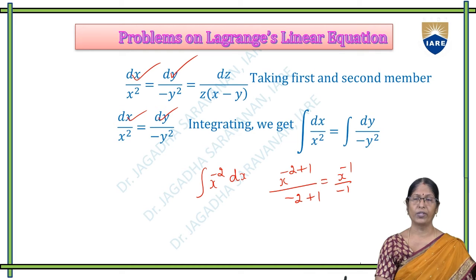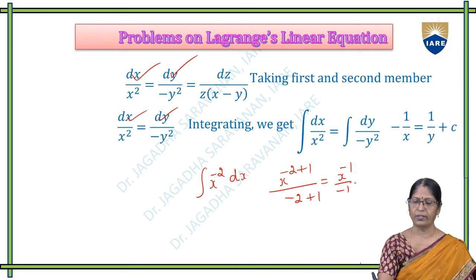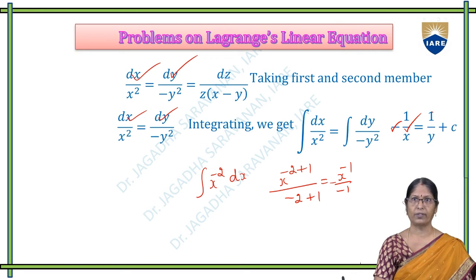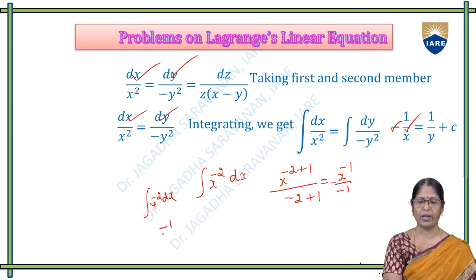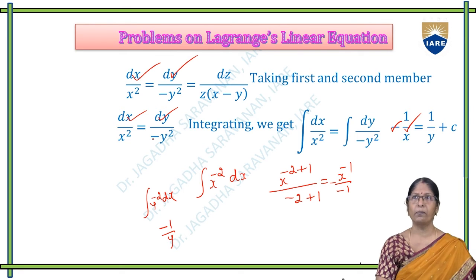So we can notice the result has this minus. x^(−1) is nothing but 1/x. In the same manner, y^(−2) dy is nothing but −1/y, but already a minus is there, so the result is positive.